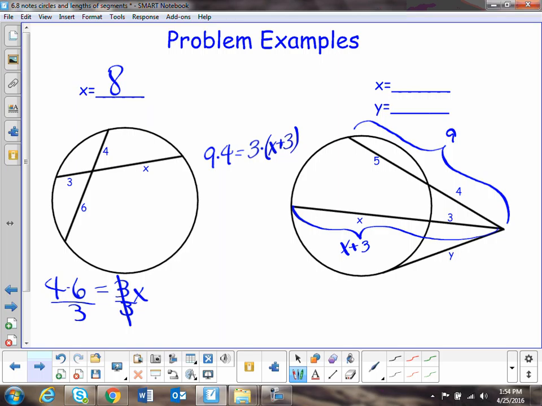It's the whole thing. Okay? All right, so then we get 36 equals what now? 3x plus 9 minus 9 minus 9. 3x equals 27 divided by 3, and x equals what, y'all?